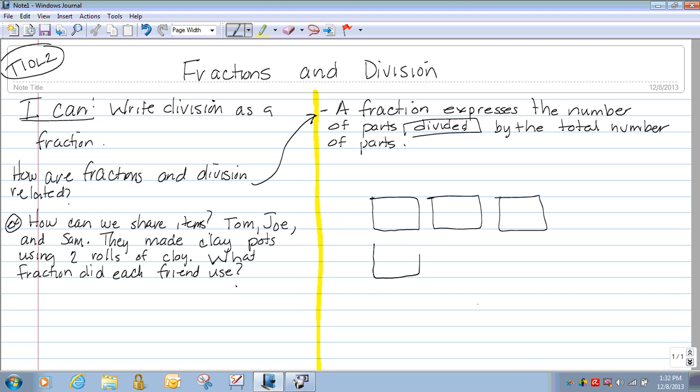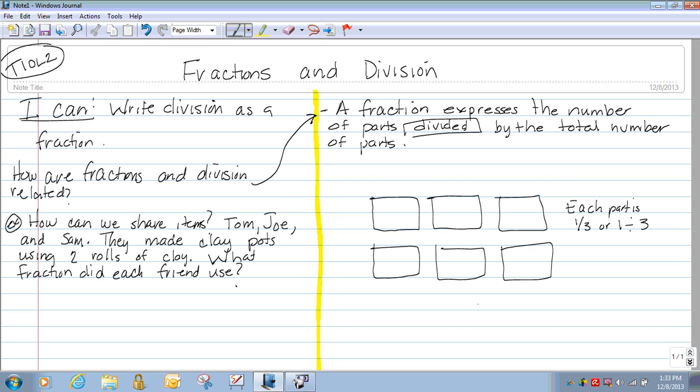And here's another roll of clay divided into 3 parts. So each part is 1/3. So here's 1 roll into 3 equal parts, so each part is 1/3, or 1 divided by 3.